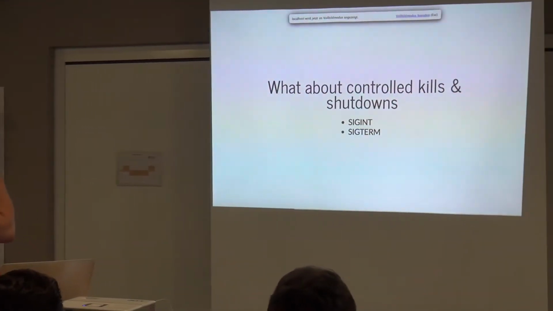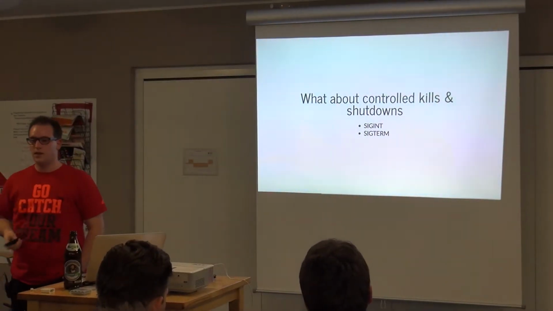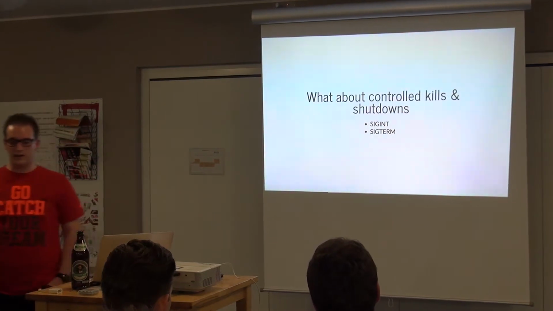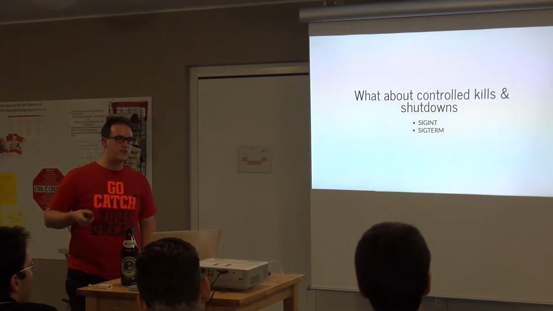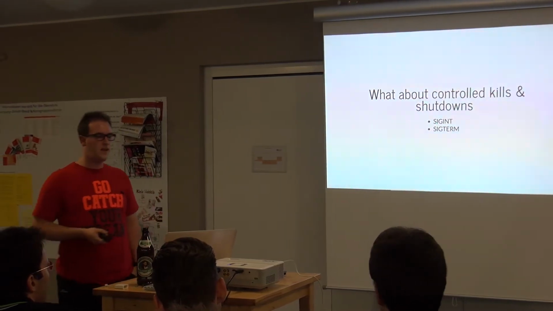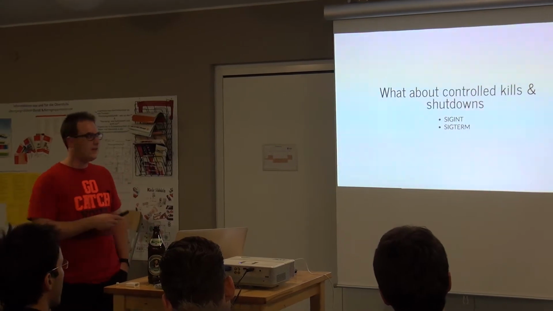Okay, so what about controlled shutdowns and kills? If we start our process with upstart or anything else, or if the server is shut down for maintenance, then it sends a SIGTERM to our process. It's the same with it.